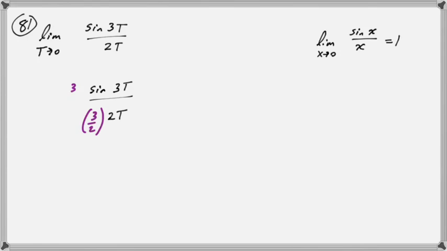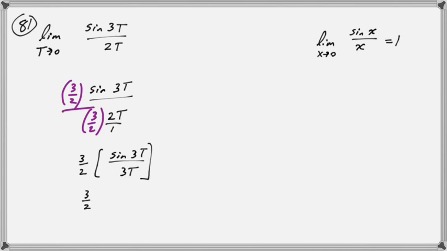Well, it would be 3 halves, right? And 3 halves over 3 halves would make it into a 1. So now I have this over 3t, which makes it 3 halves times 1, or an answer of 3 halves.